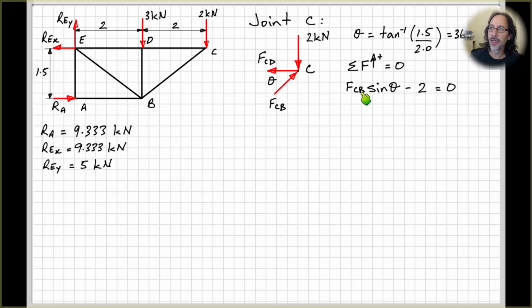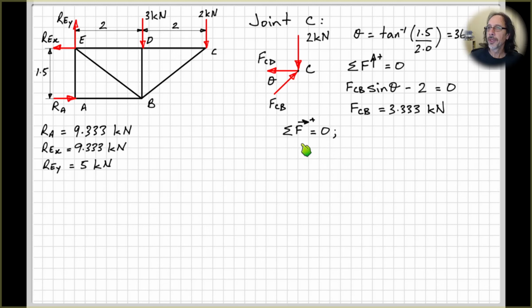Hopefully by now you're pretty good at doing your trigonometry so that you don't need to be drawing your components all the time and drawing the little triangle all the time. You should be able to just look at the force and work out the vertical and horizontal components. Rearranging the equation, we can solve for our unknown force FCB.